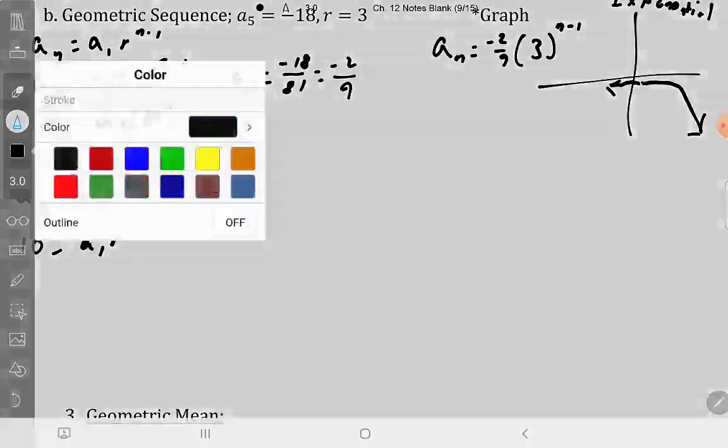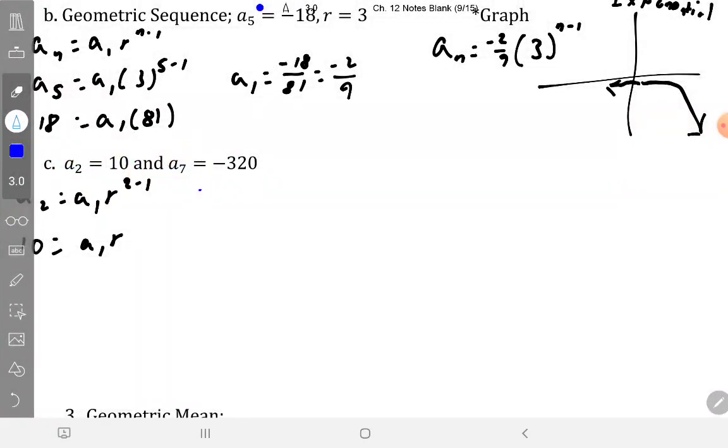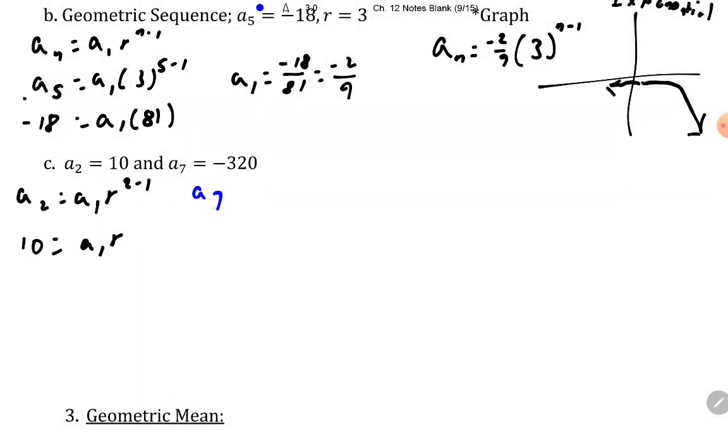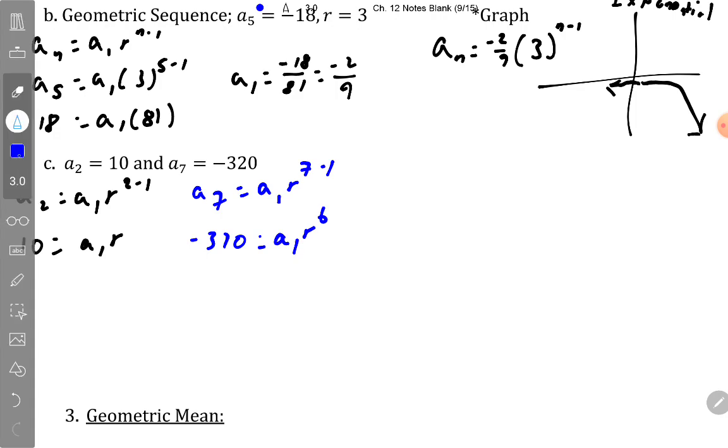Okay, that's one equation. And let's look at our other equation. A sub 7 is equal to a1 times r to the 7 minus 1. So this is negative 320 equals a1 r to the 6. So what are we going to do here? What we can do is use substitution.